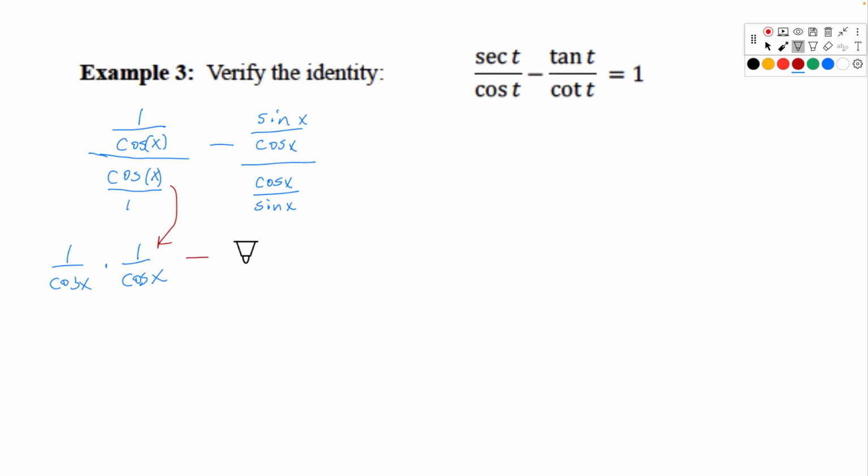So this is now minus sine x over cosine x. So that's the numerator. I'm going to multiply by the reciprocal of the denominator, which is sine x over cosine x.